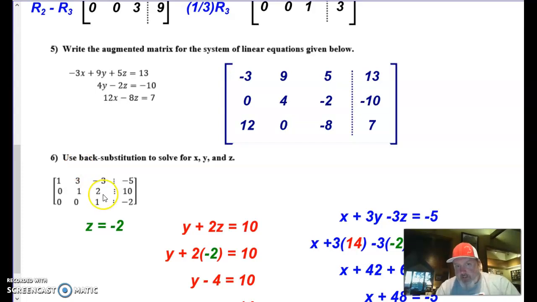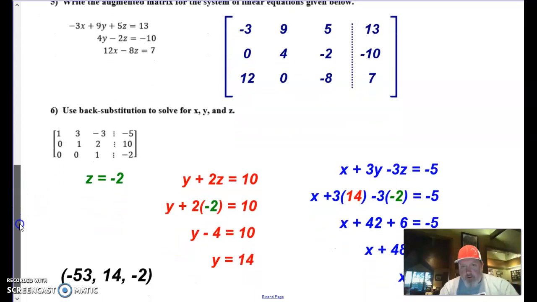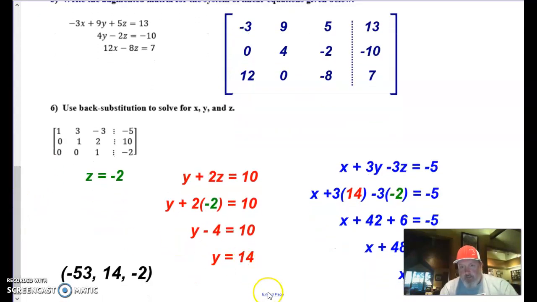Okay, number 6. Now we're going to work backwards and solve. It says to use back substitution, and you'll notice right here they already gave us z. So z is -2. So now I can plug that in up here. This middle equation is 1y plus 2z equal to 10. So I plug -2 in for z, and that will allow me to solve for y.